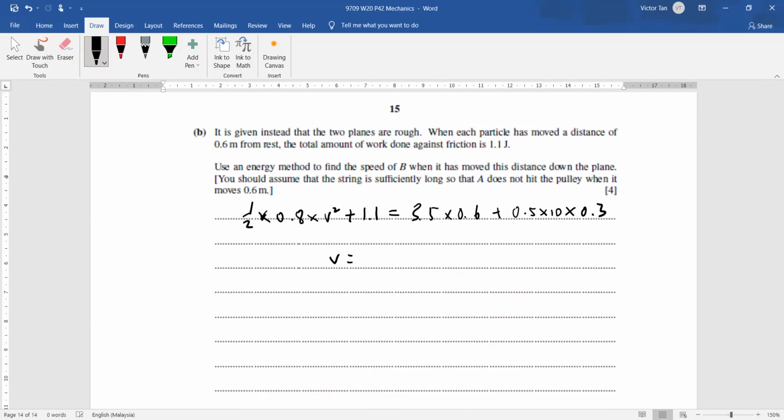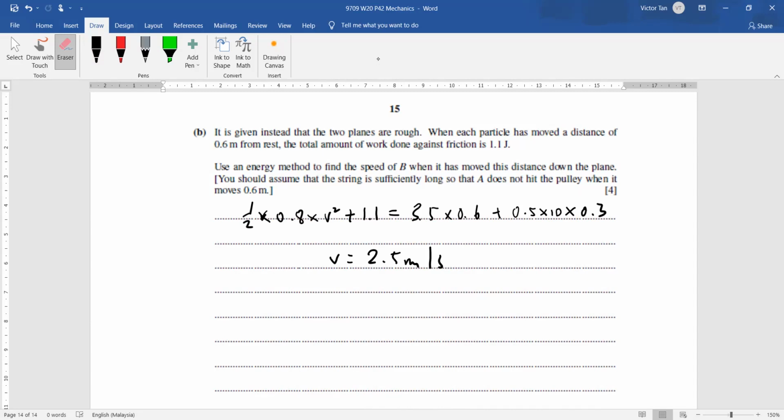So v is 2.5 meters per second only. So that's it.